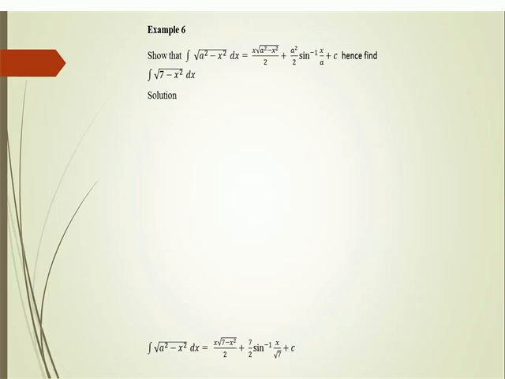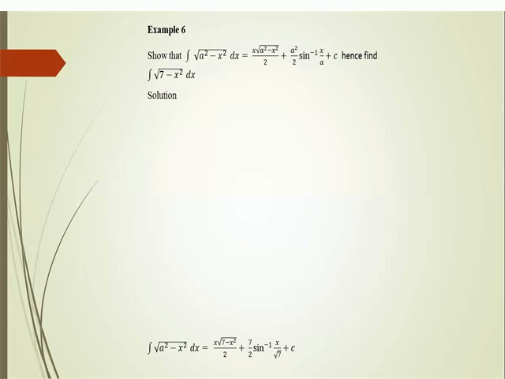So the question I want to ask: we have a square, you integrate cos square theta d theta. How do we replace cos square theta?